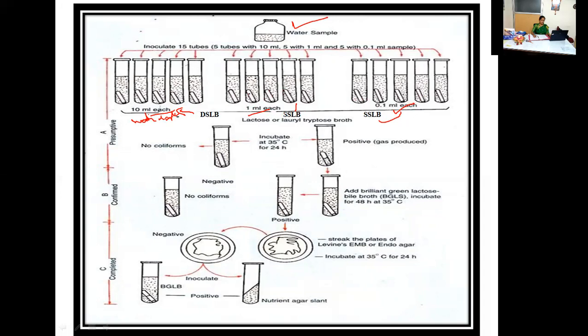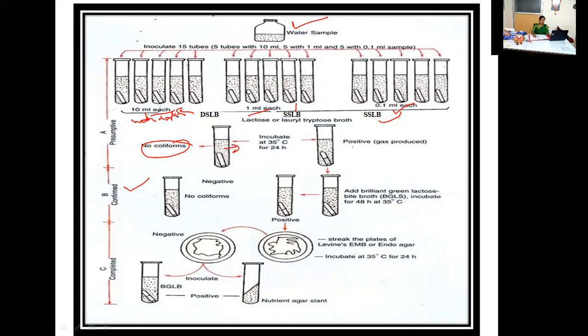After doing this, next we go through the confirmed test. Which one is positive, which one is negative? If there are no coliform bacteria, we cannot see the production of any kind of gas, and no color change can be observed after incubation of 24 hours.